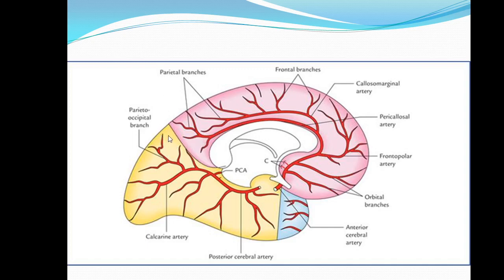Here, behind the parieto-occipital sulcus, this area here, you can see it is supplied by the posterior cerebral artery. It is the area of the occipital lobe and the inferior temporal gyrus. Here, this area of the temporal pole is supplied by the middle cerebral artery.